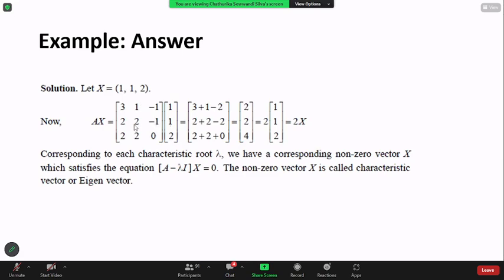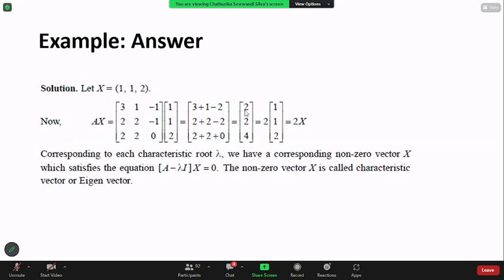If you multiply these two matrices, the dimension of this matrix is 3 by 3 and the dimension of this matrix is 3 by 1. So we can multiply them, and we will end up with a 3 by 1 matrix. So finally the answer is 2 2 4.